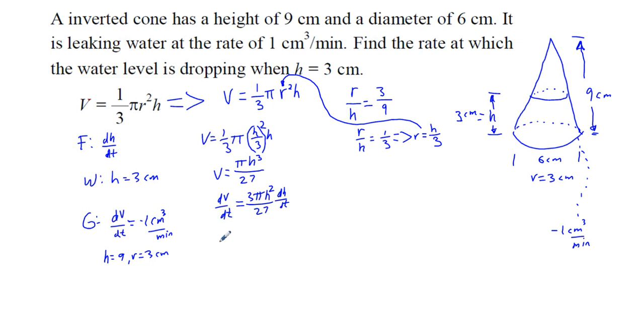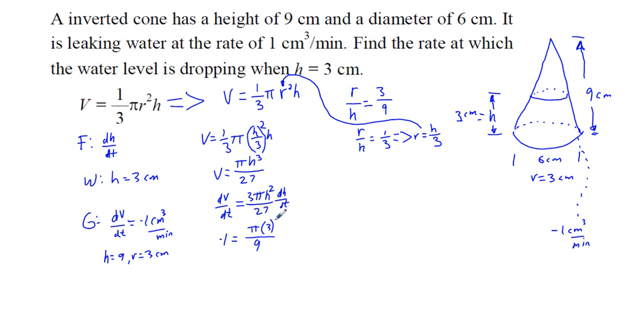So we're going to substitute -1 for dV/dt, and on this right side, this 3 over 27 is going to simplify to 1/9, so we're going to just write pi, and put 9 in the denominator, and in the numerator we're going to put in our value for h, which is 3.